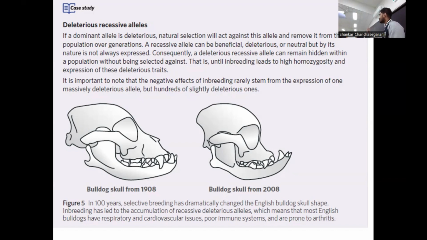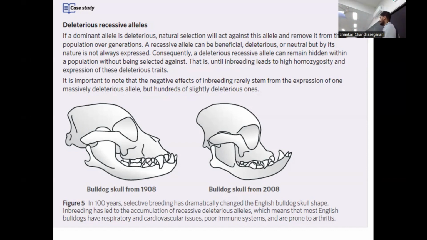And this is actually directly the reason why inbreeding is a problem. Even in human populations, we carry deleterious alleles in the recessive form, and we won't really know it. We won't really be bothered by it because it's not being expressed within us, so it's not a problem for us.